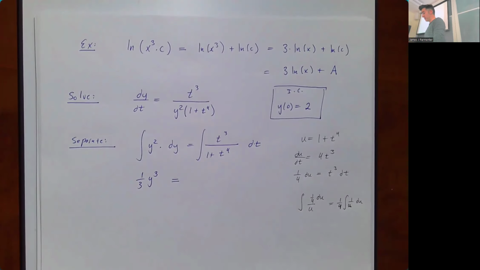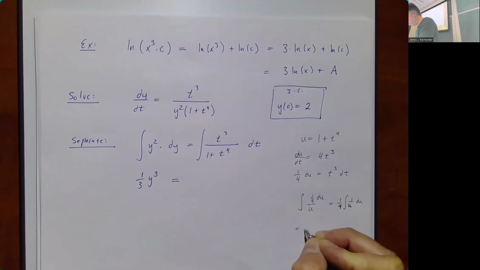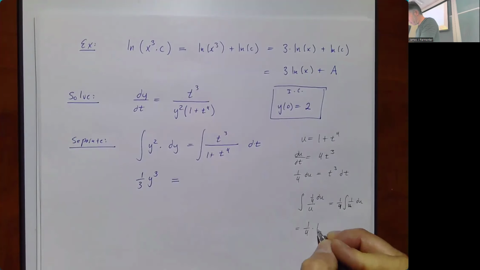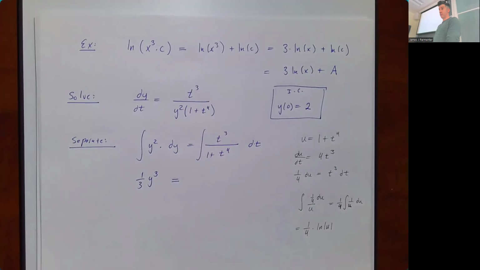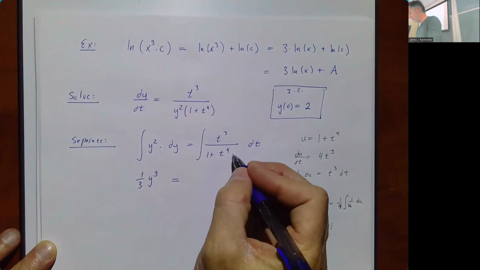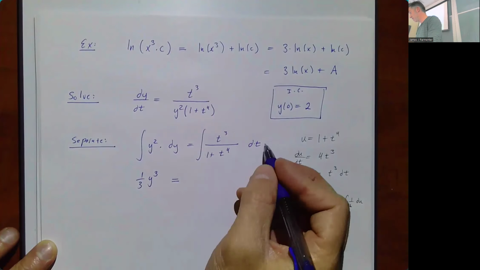Okay, then we have to integrate this. We're going to get 1/4 times the antiderivative of 1 over u, which is the natural log of the absolute value of u. So what I'm doing here is taking this integral and rewriting it in terms of u. I have this integral of t cubed over 1 plus t to the fourth dt.